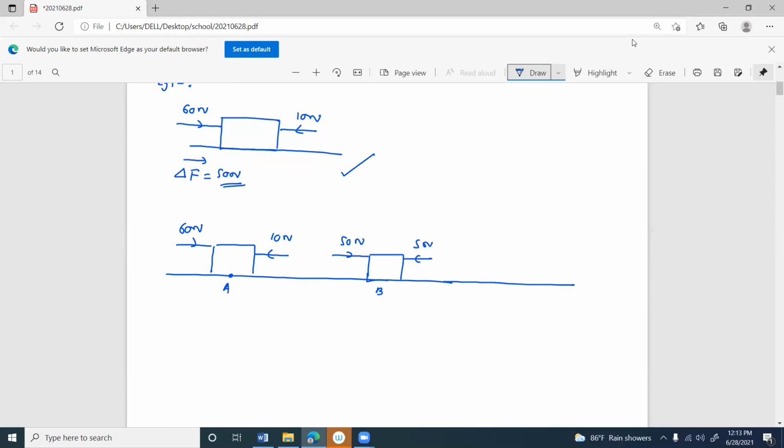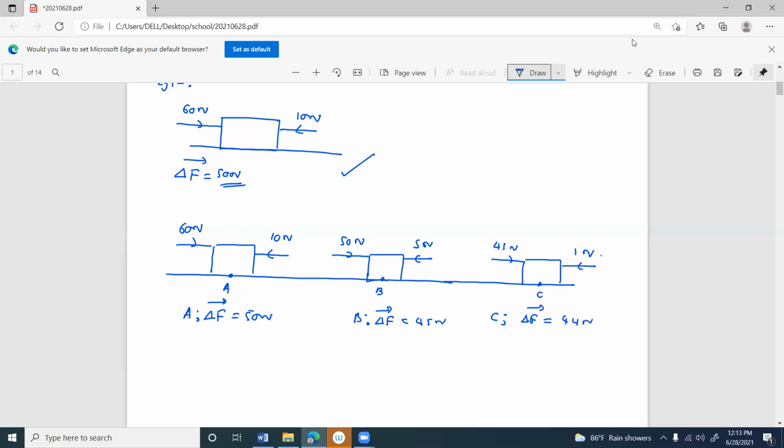When you come to point C, this force becomes 45 newtons and this force becomes 1 newton. Then at A, what is the resultant force? The resultant force is this side, 50 newtons. It's unbalanced. At B, the resultant force is this side, 45 newtons. When you come up to C, the resultant force is this side, 44 newtons.